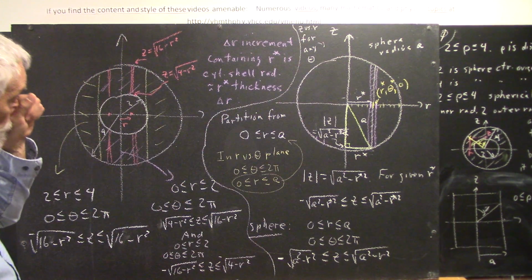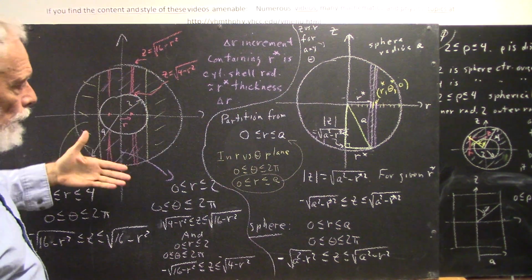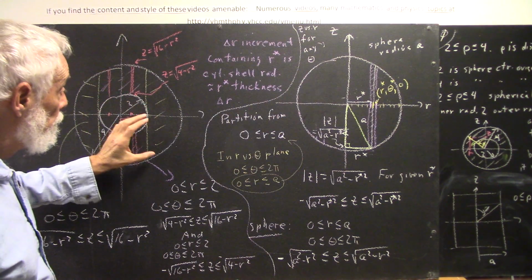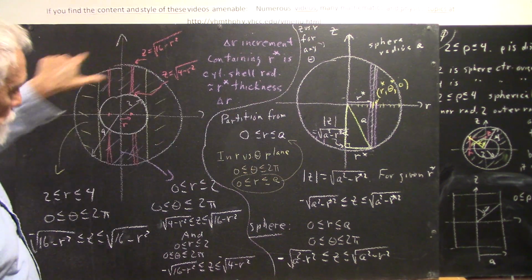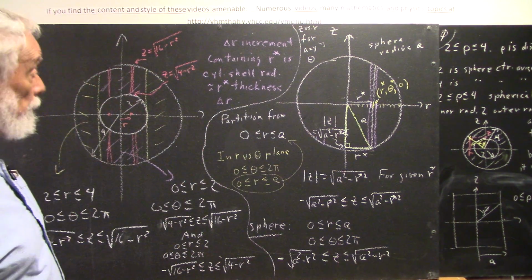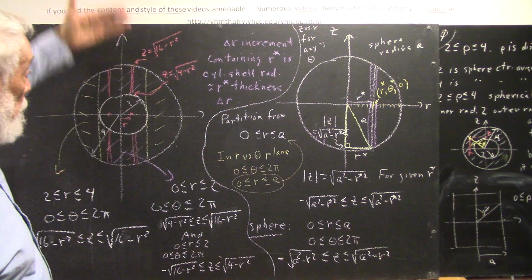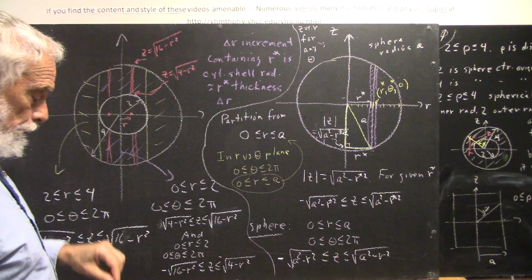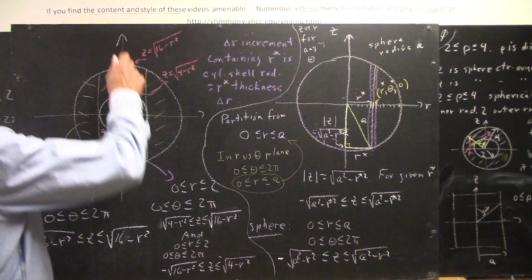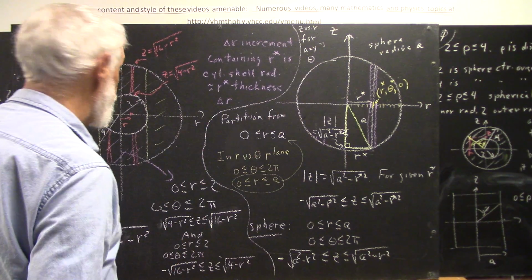What does it look like if we slice this spherical shell, the radius 4 sphere with the radius 2 sphere cut out of its center, parallel to the z-axis? It should be clear that we have a picture very much like this one, with z here and r along this axis.